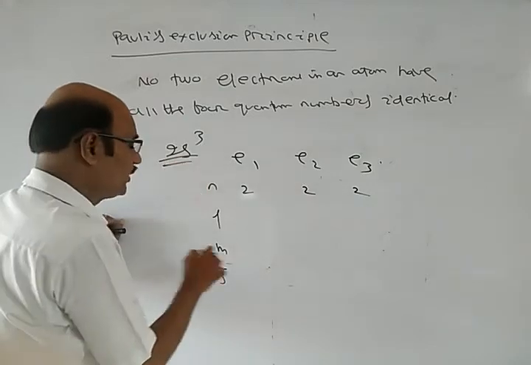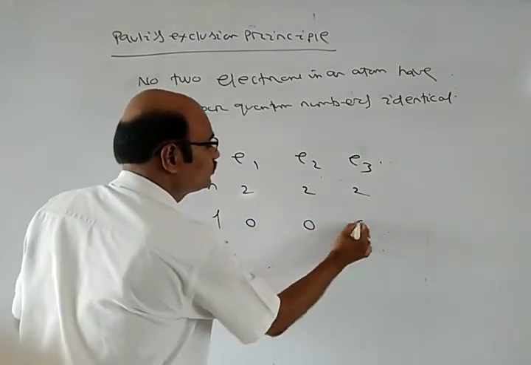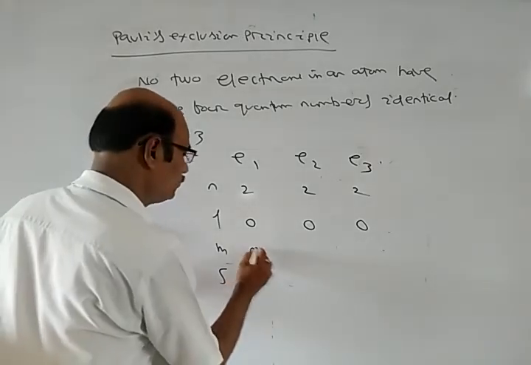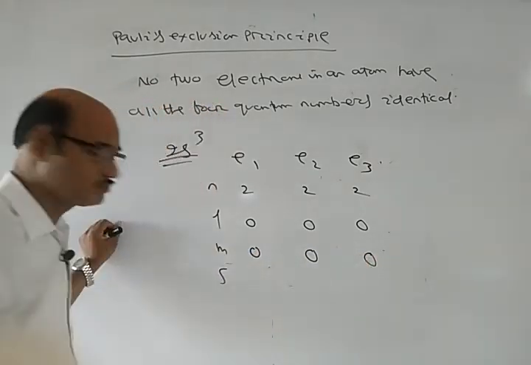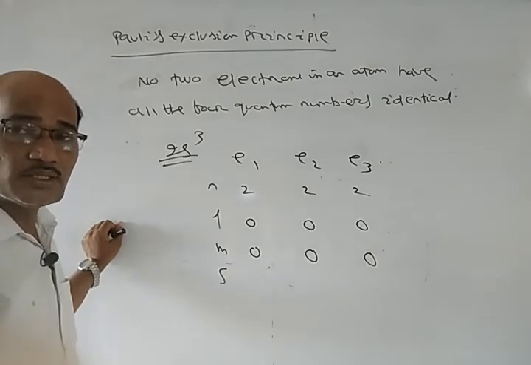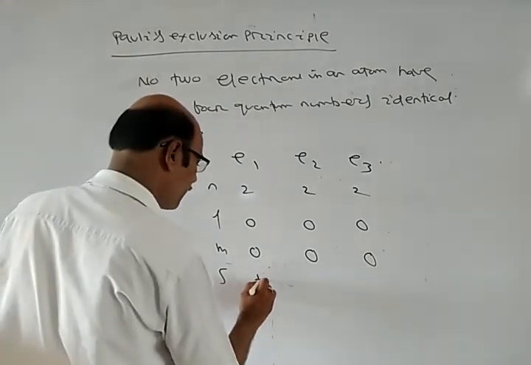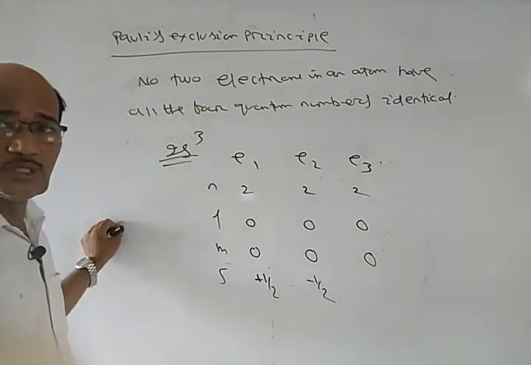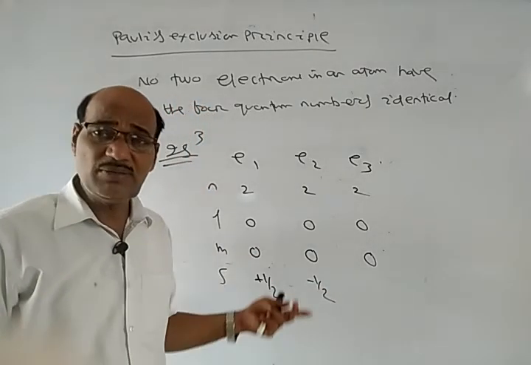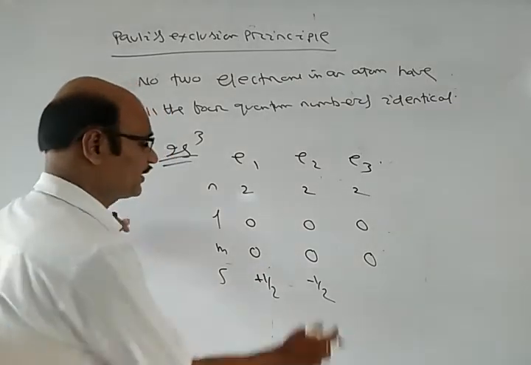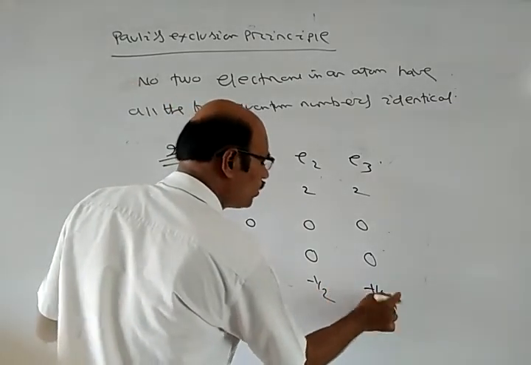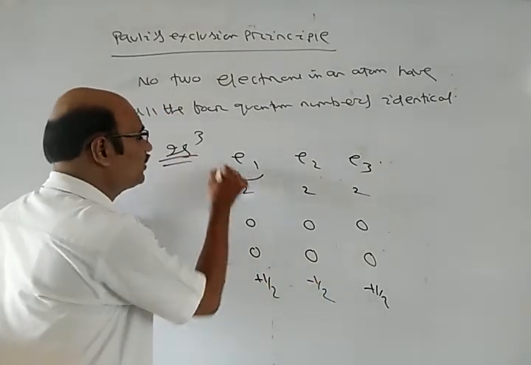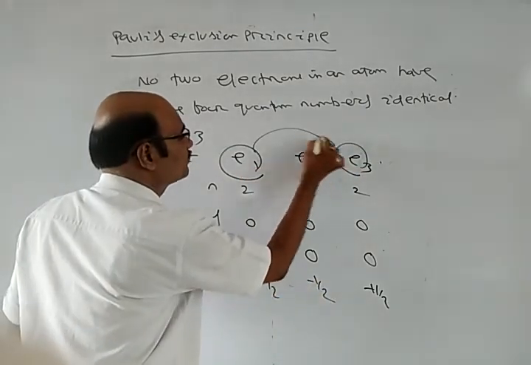S orbital, so l equals 0, 0, 0 here. With l equals 0, m equals 0, 0, 0 here. Now s, you know, is plus half or minus half. So if this will again be either plus half or minus half, and if I take this plus half here, you see, then E1 and E3 become equal.